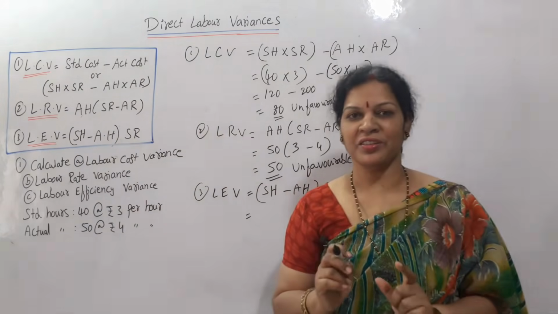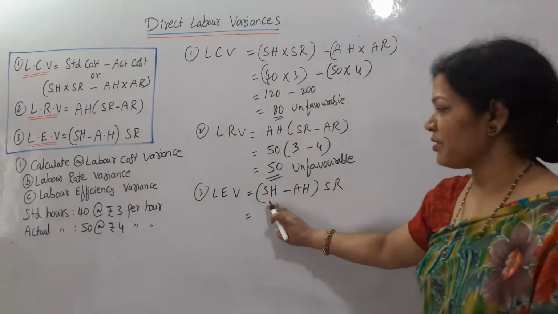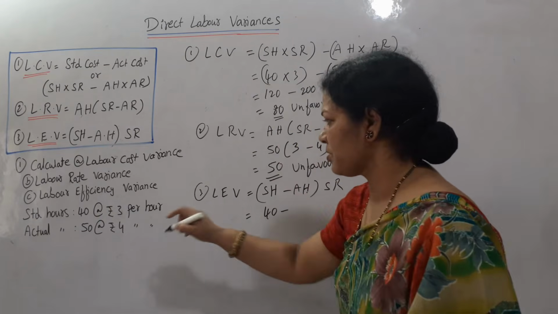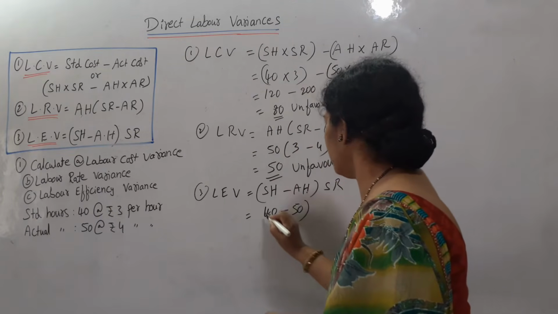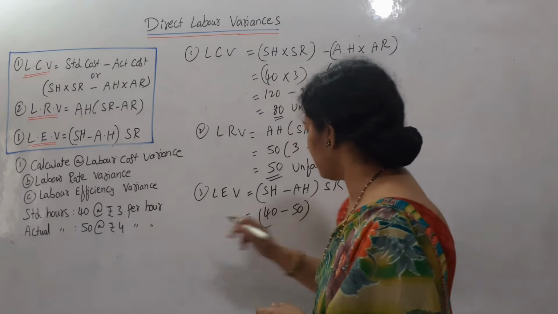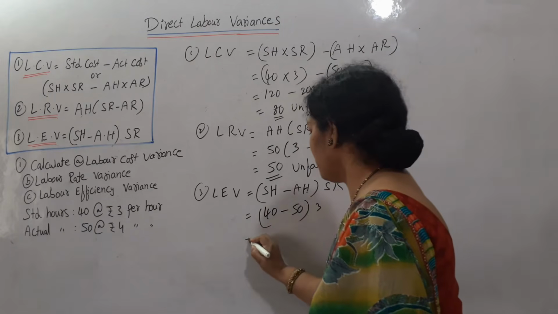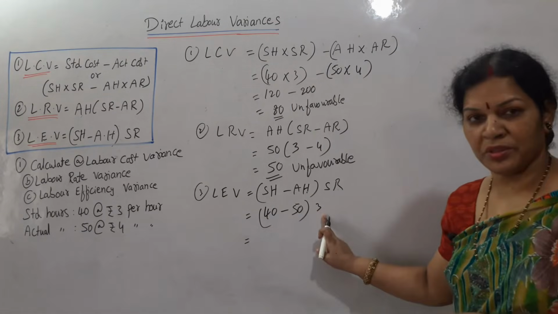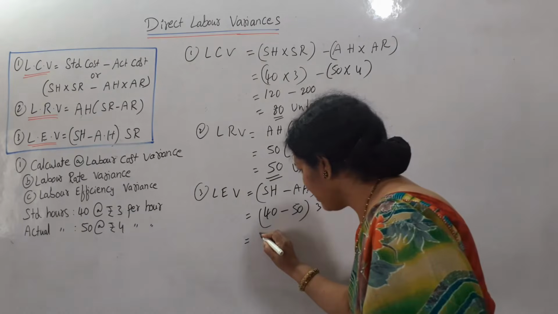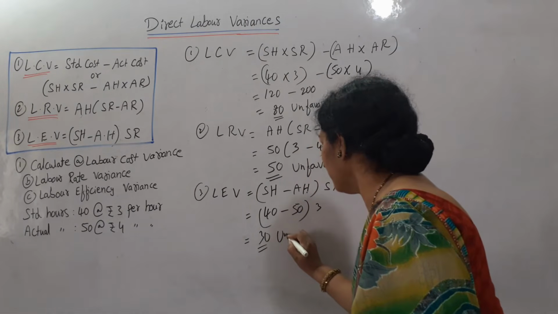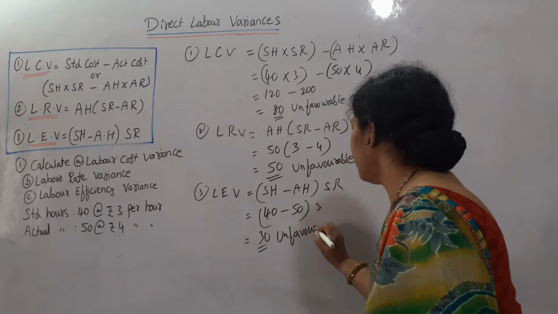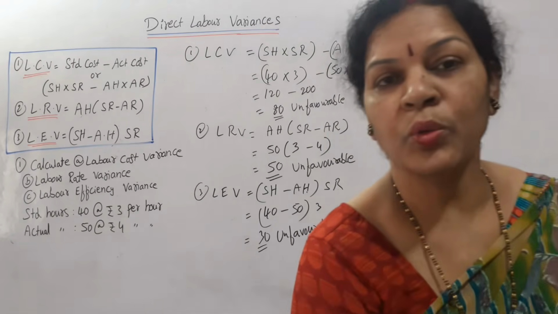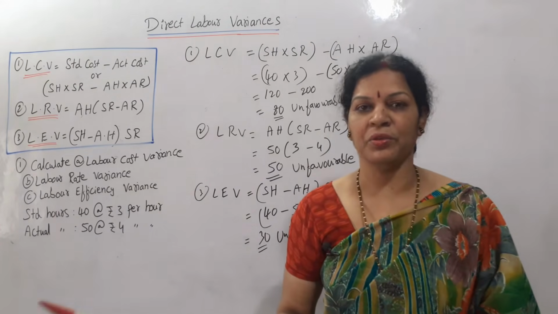If you stick to one word, there is no confusion. Standard hours are 40 minus actual hours 50, into standard rate 3. 40 minus 50 is minus 10, minus 10 into 3 is minus 30. We write 30, but it is unfavorable. Am I clear? First take a screenshot, then I will give you a recap.